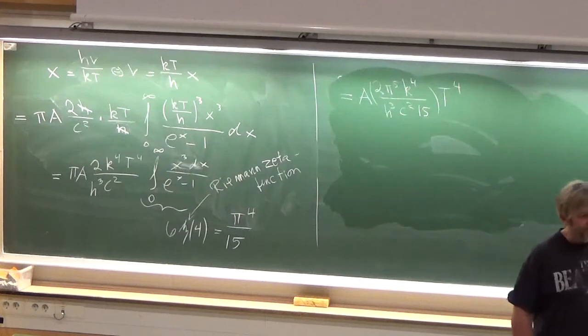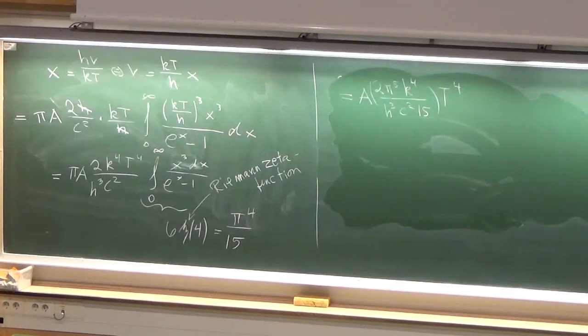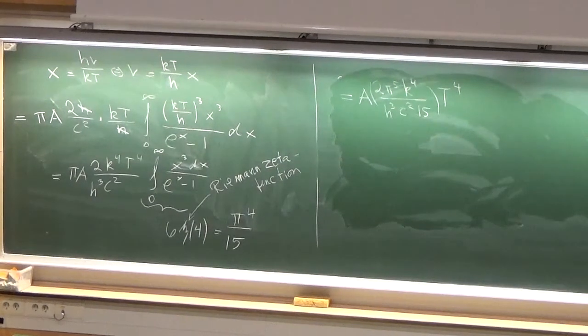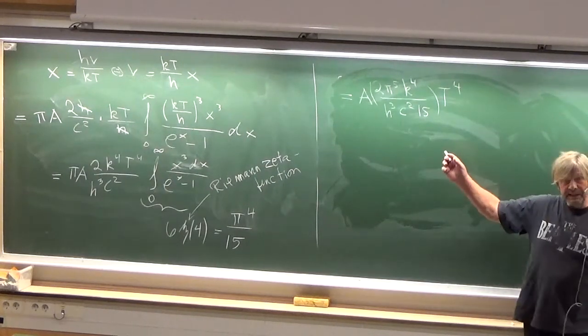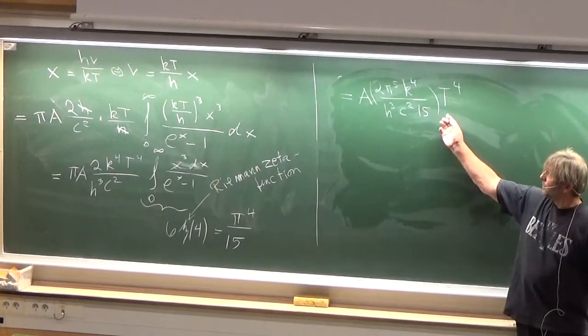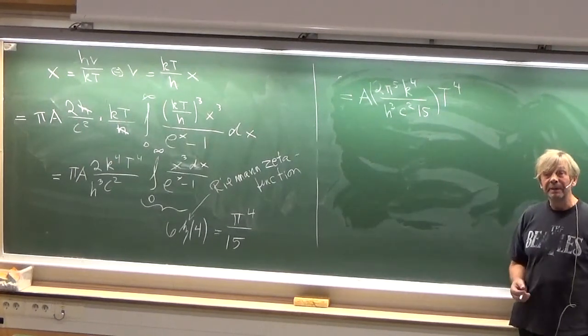It's the number 6, which is, of course, interesting in relation to the prime numbers. You can actually calculate the Riemann zeta function for even arguments, 2, 4, 6, etc. But the interesting thing here is that the total power radiated per area is proportional to T to the 4th power.